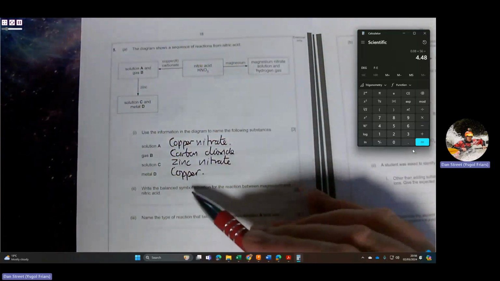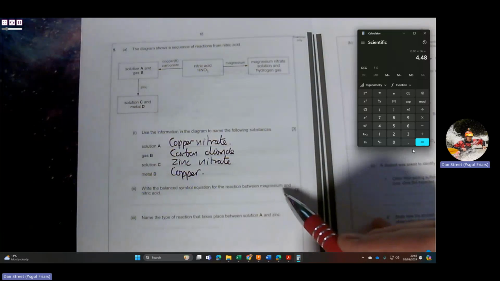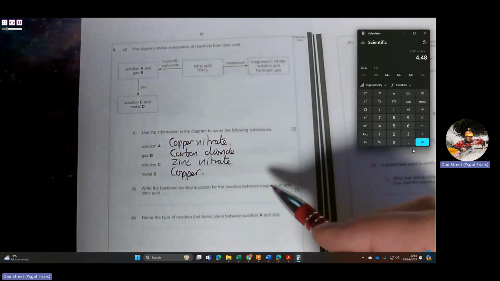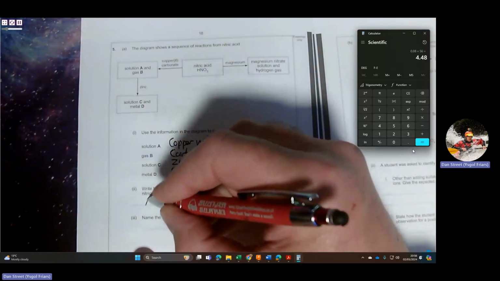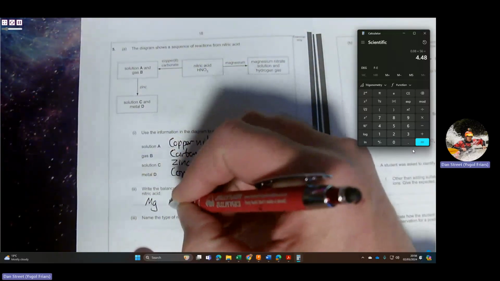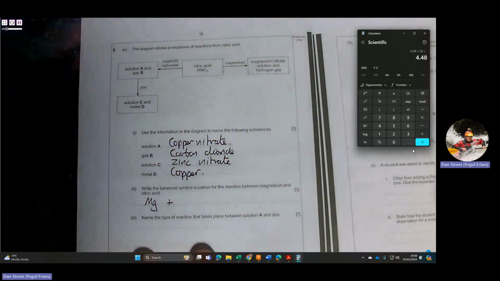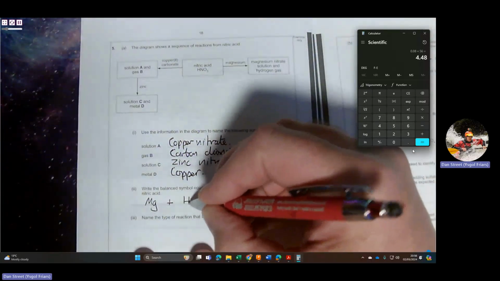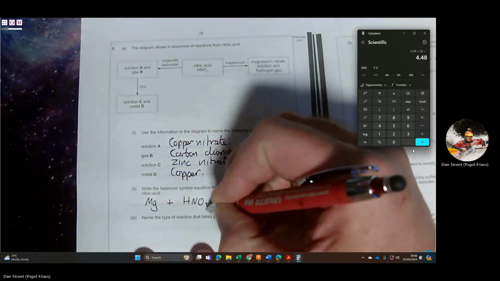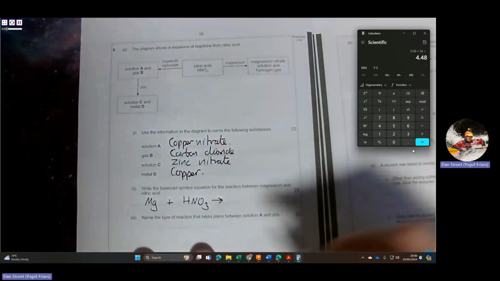Right, a balanced simple equation for the reaction between magnesium and nitric acid. So that's this one up here. We're going with Mg for magnesium. Nitric acid: you're given the formula in the question, which is handy. It's HNO3. And that's going to make magnesium nitrate.